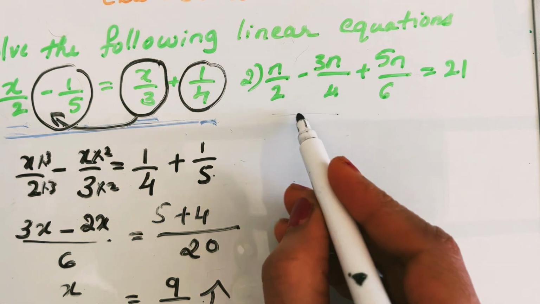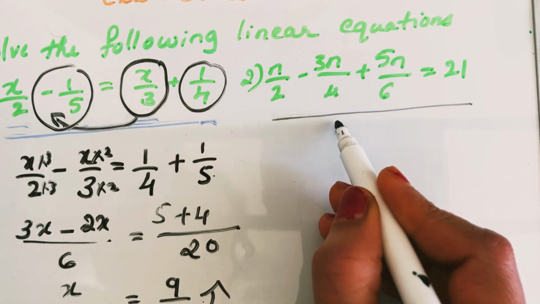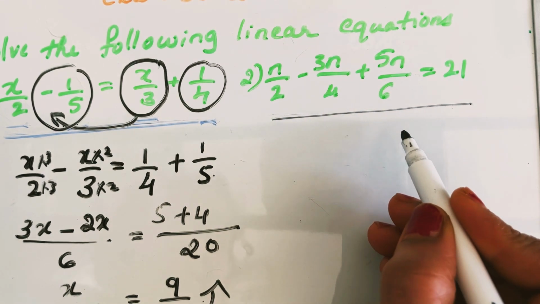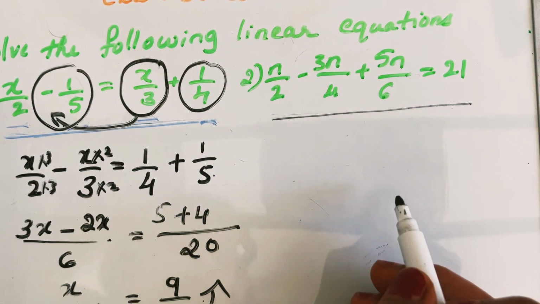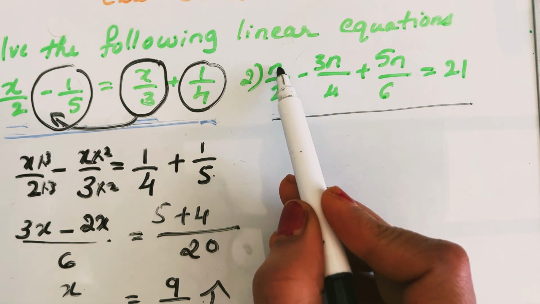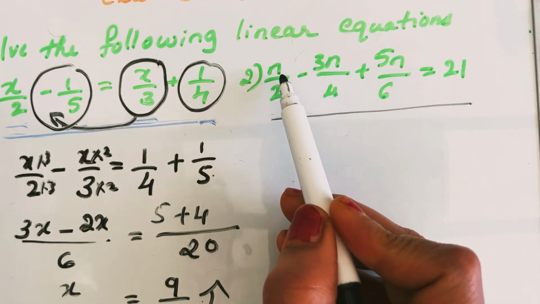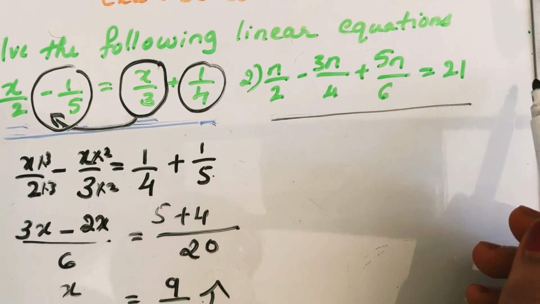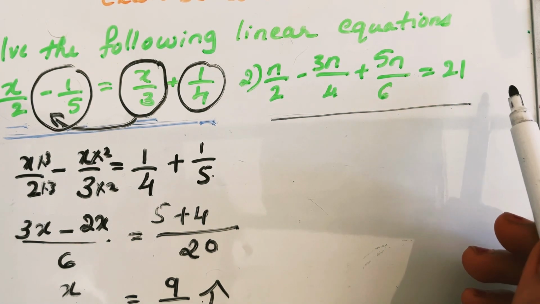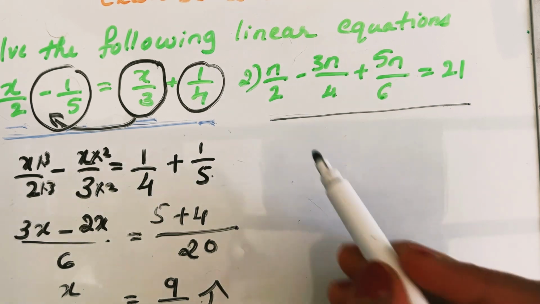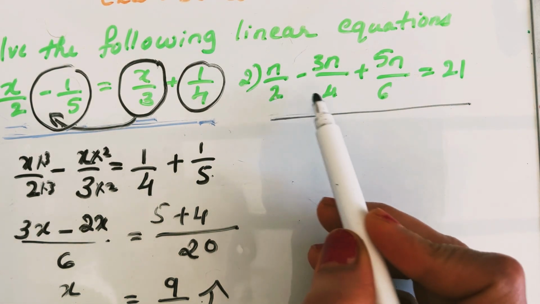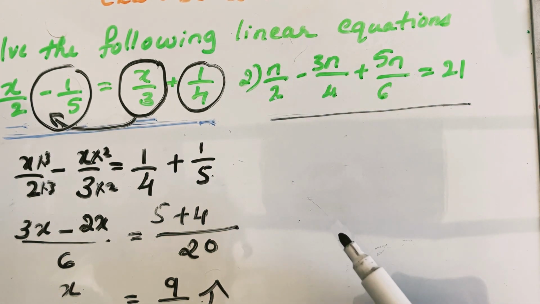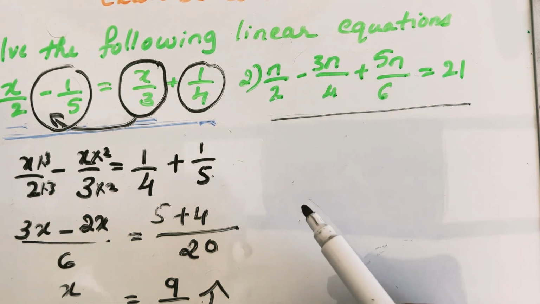n over 2 minus 3n over 4 plus 5n over 6 is equal to 21. All the like terms, terms with variable n, are on one side and the constant is on the other side. So we don't have to rearrange, just let's simplify. Denominators are 2, 4, 6. What is the LCM of 2, 4 and 6?